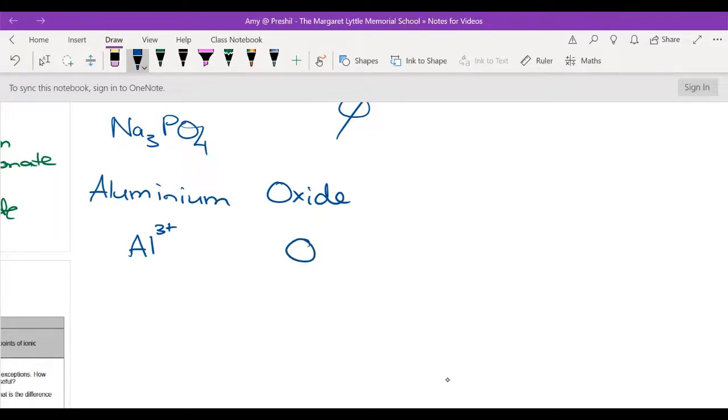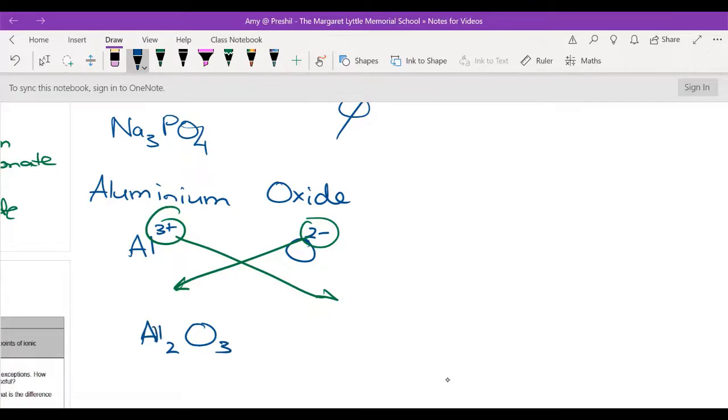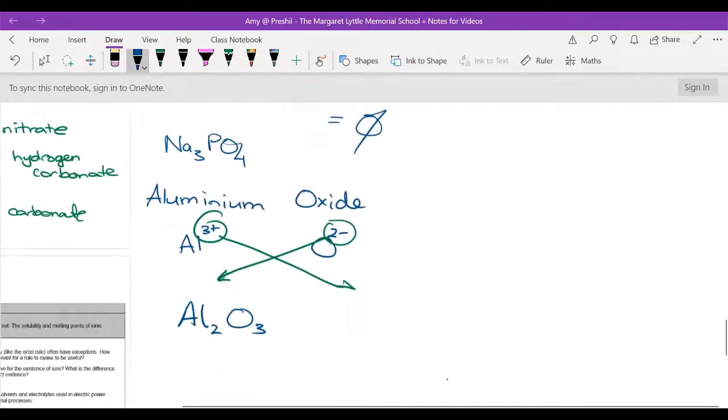So this is an oxygen ion. Oxygen needs to gain 2 electrons to get a full outer shell, so it's 2-. These are different numbers, so we cross multiply. And we end up with Al2O3.